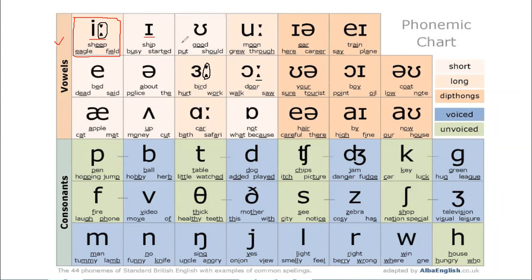So this sound is I. Isi, can you go for the examples? Yes, please. Sheep, busy, started. Okay, so what we have is I. It's a combination of an E and an A. So we have ship, yes, ship. And also, like Isi mentioned, busy, started.